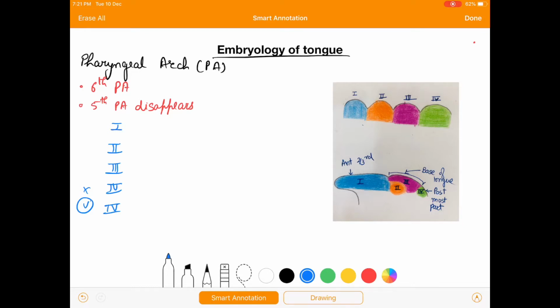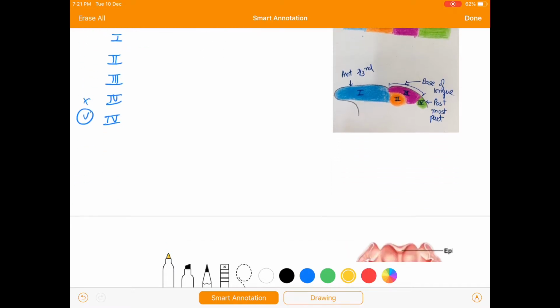So first let us note a point regarding the nerve supply. I'll put it in red, it is very important. Each arch gives rise to many structures, and each arch has its specific nerve supply.